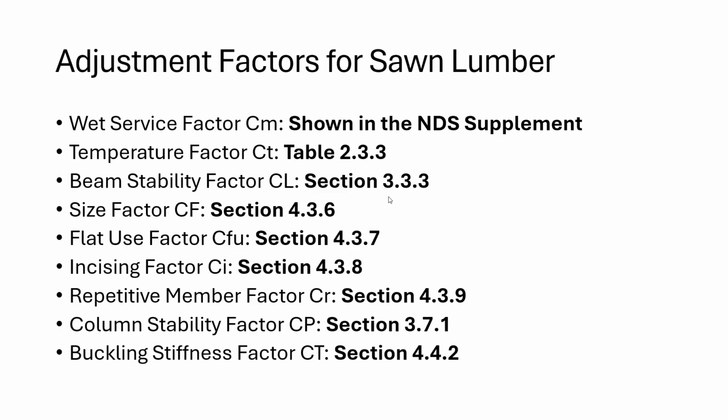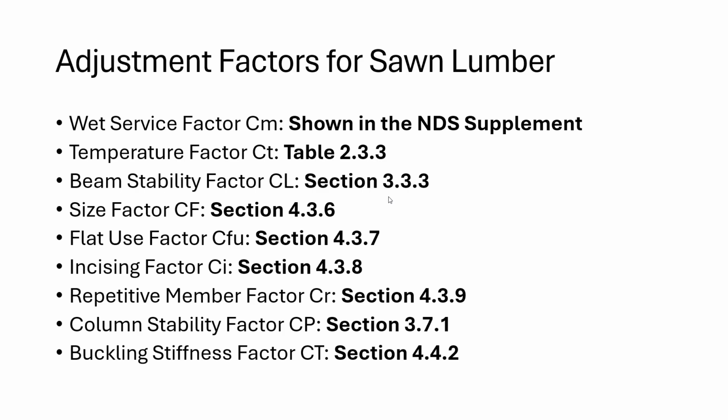What that is similar to, if you're familiar with steel design, is you want to have a stable beam, whereas this can get into slenderness ratios and some torsional buckling, similar to steel. So this beam stability factor accounts for that. It is a little complicated. I will have an example of how to calculate beam stability in another video, along with all of these other factors. But this is just an overview of the code.